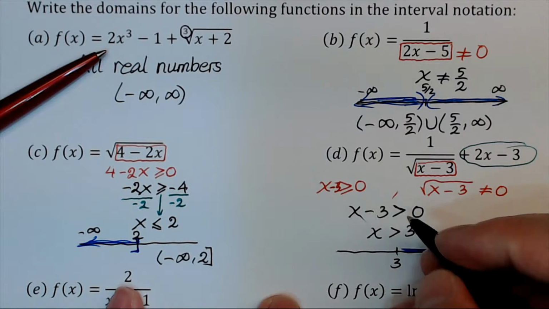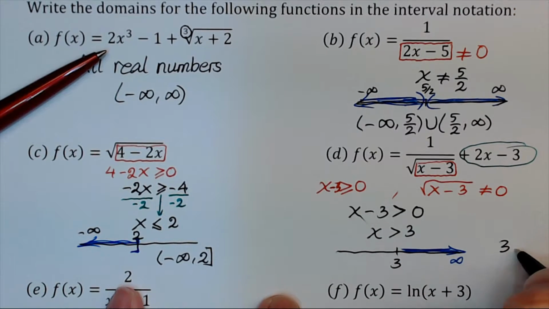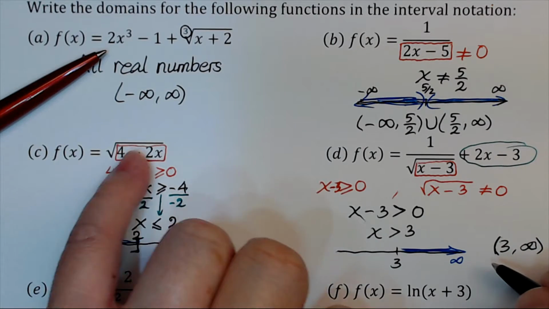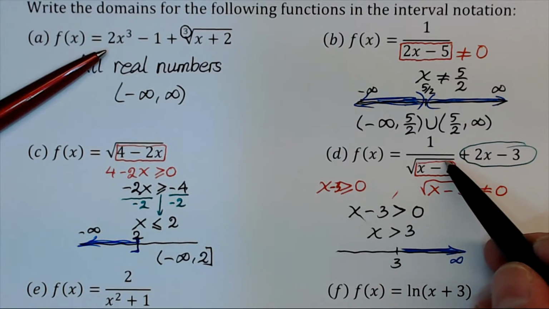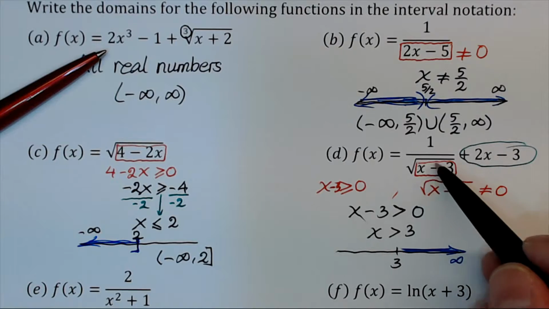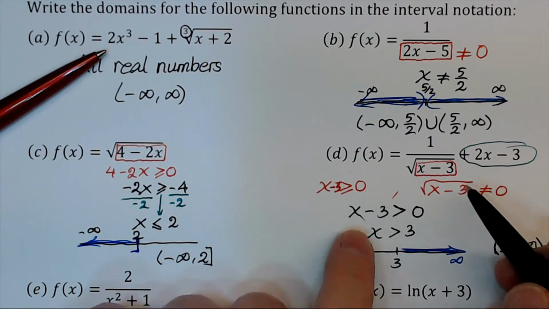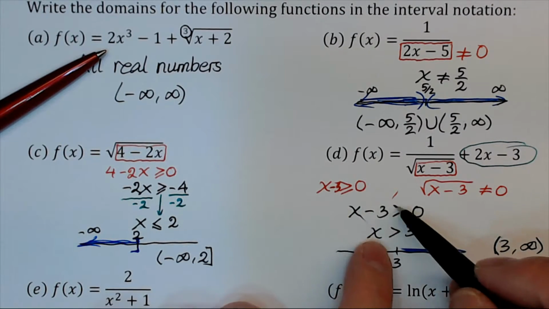So 3 to infinity, and this one has no equal sign, so we have to use parentheses. The difference between these two problems is that the square root of x minus 3 is in the denominator, so it cannot be equal to 0, it's just greater than.